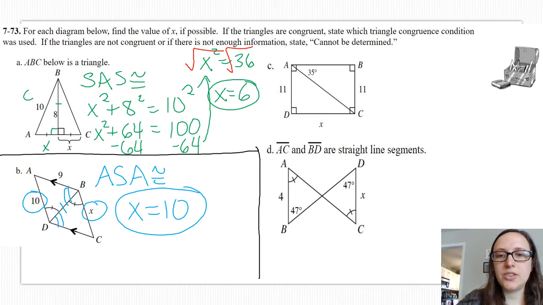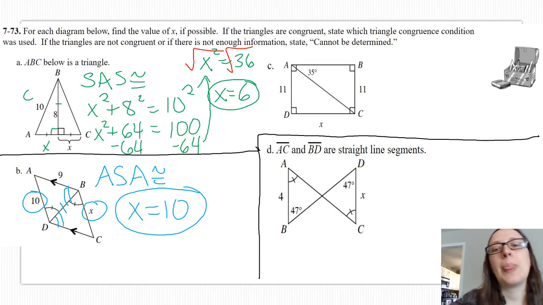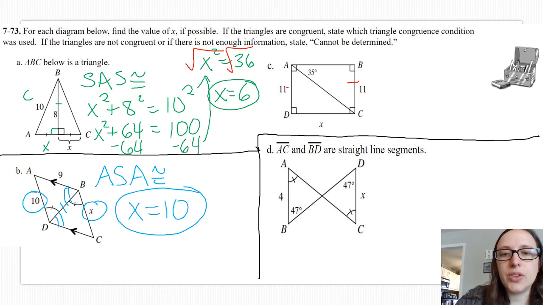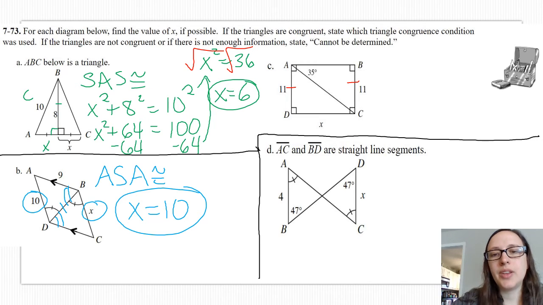And next we head to part C. These two triangles are within a rectangle, so there are a lot of different ways that we can prove this congruent. Obviously 11 is equal to 11. We could do this two different ways. We know that opposite sides are parallel, so AB is equal to DC. We know that because it's a rectangle.